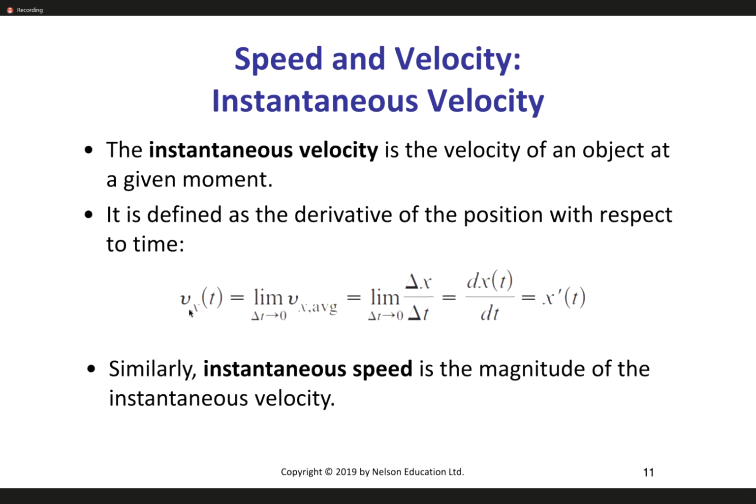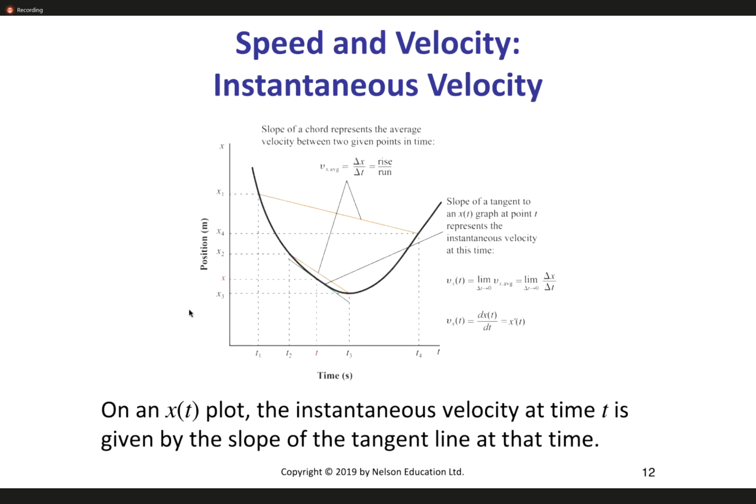And you can also find something known as instantaneous speed. This is where it's just going to be the magnitude of the instantaneous velocity. So going back to our position versus time diagram, we see that we can determine the average velocity between 2 points, but the instantaneous velocity is just going to be equal to the rate of change, equal to the derivative at a single point.